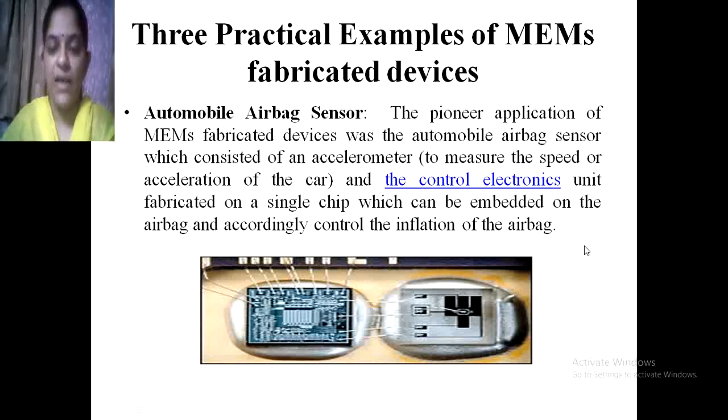The automobile airbag sensor consists of an accelerometer, which is used to measure the speed or acceleration of the car, and a control electronics unit fabricated on a single chip which can be embedded on the airbag and accordingly control the inflation of the airbag. In this figure, this is the control electronics and this is the accelerometer which is used as an airbag sensor.